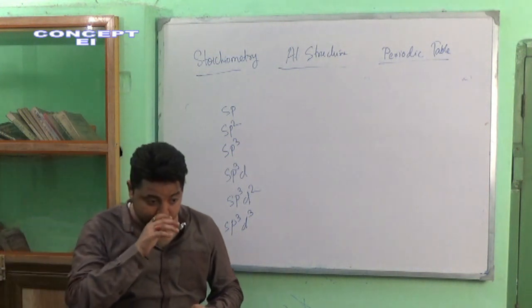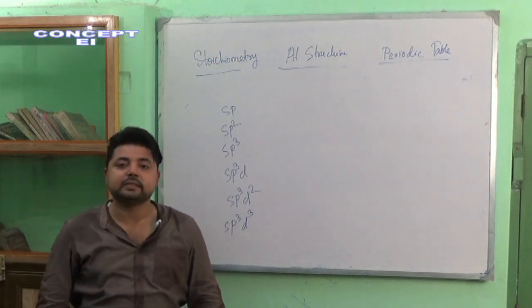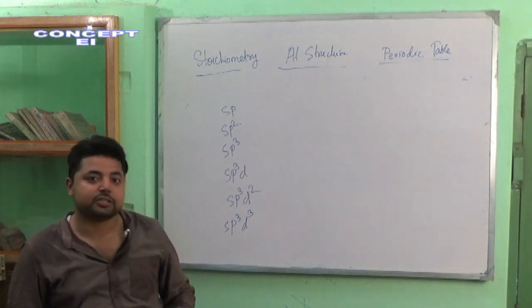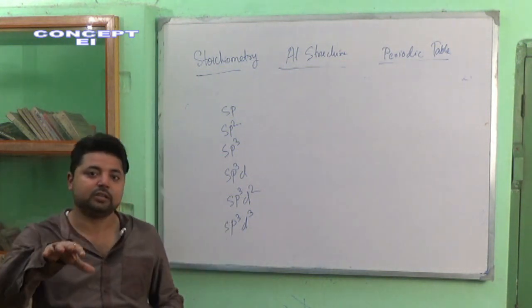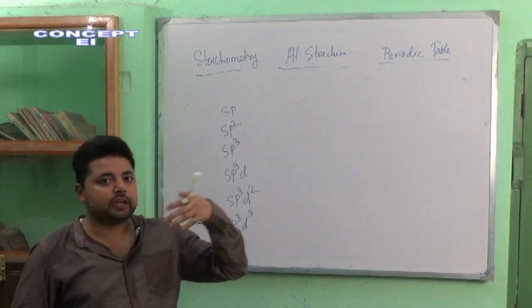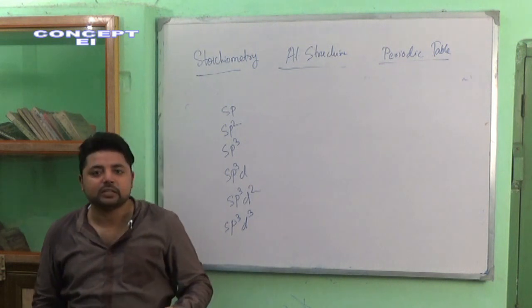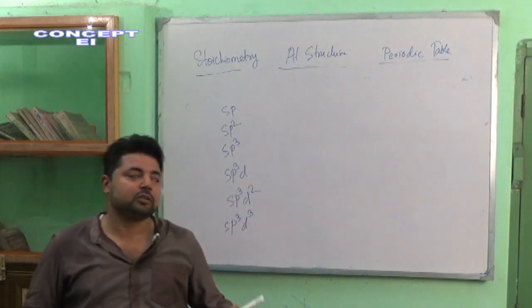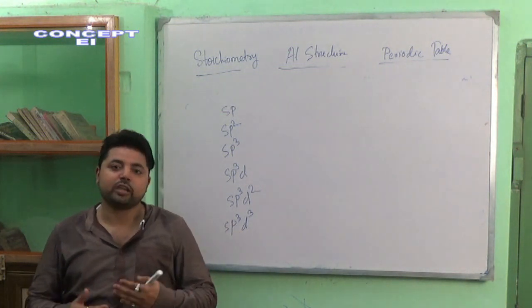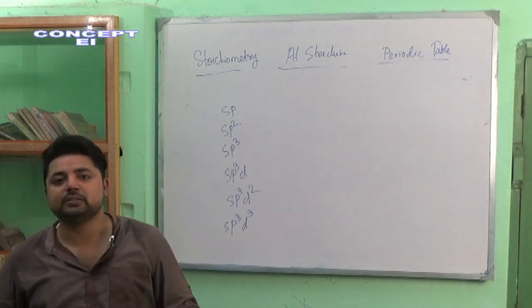Okay. If we are considering covalency in metal complexes, then some more hybridization will be there and we will discuss it a little bit later, because I have already told you that in chemistry there are 4 pillars: stoichiometry, atomic structure, periodic table and chemical bonding. We are talking about chemical bonding. Why 4 pillars?